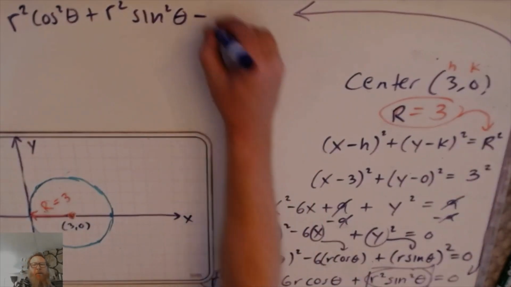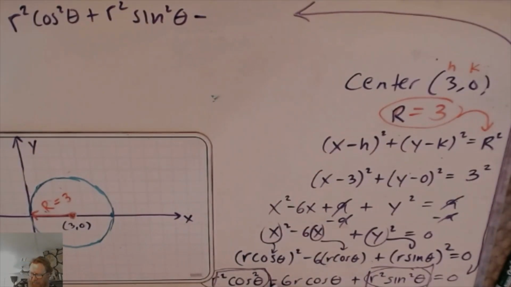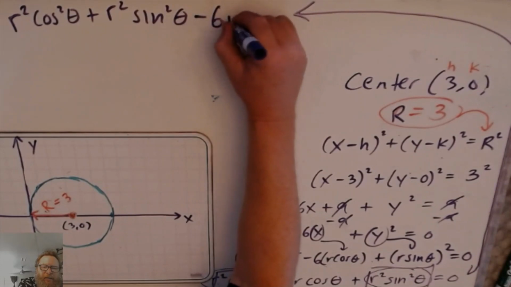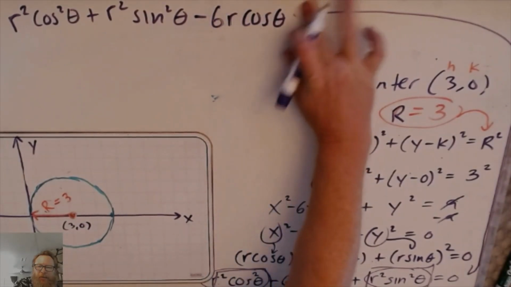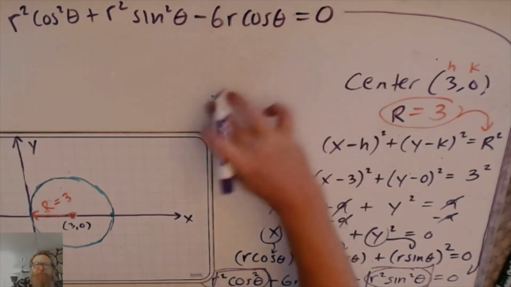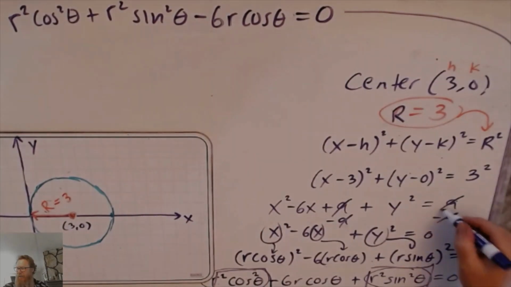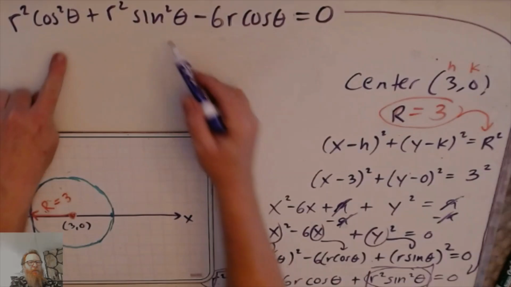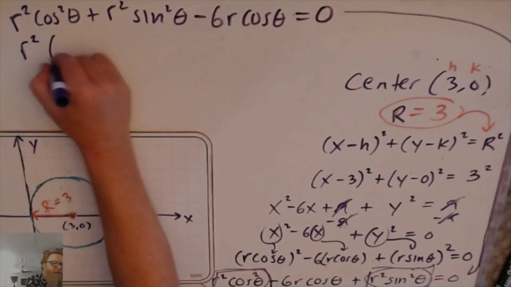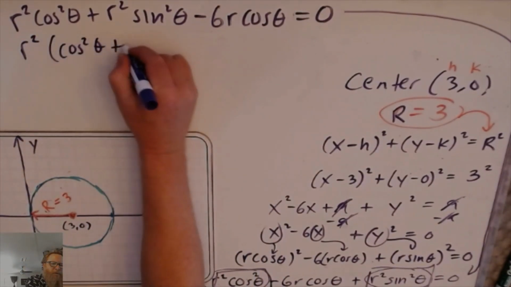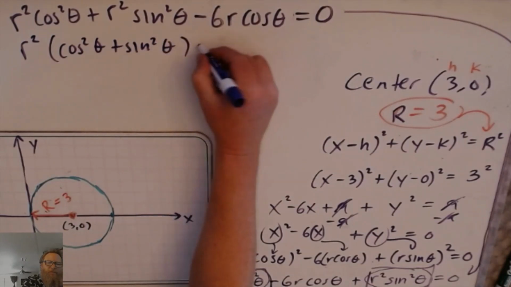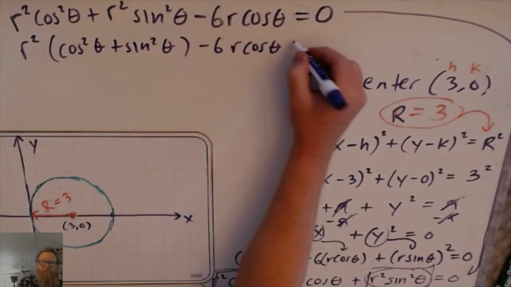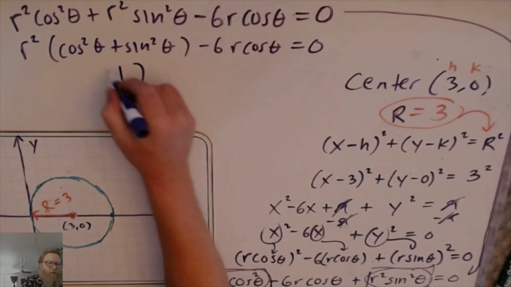And then I'm going to put my negative 6r cosine theta separately, and set that equal to 0, because I already canceled the 9s a long time ago. The Pythagorean identity here is going to give us 1.